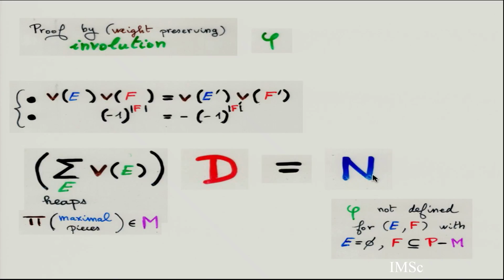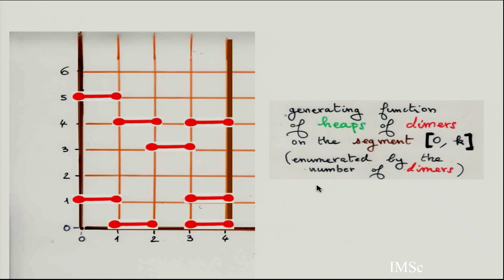Well, let's go back to the end of the previous course. We have seen some examples: the generating function of heaps of dimers on the segment 0 to k, enumerated by number of dimers, and we have seen that this is the inverse of the Fibonacci polynomial. So what is the Fibonacci polynomial? It's a polynomial we will meet, especially in the section with physics.